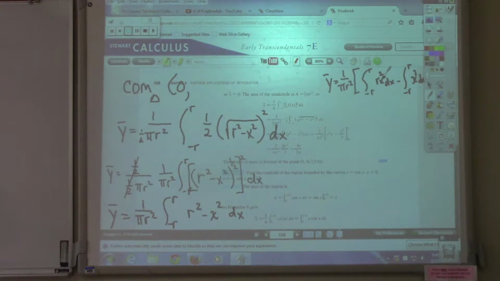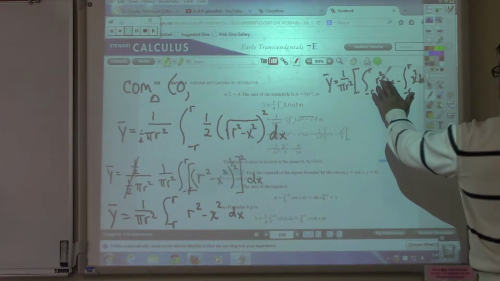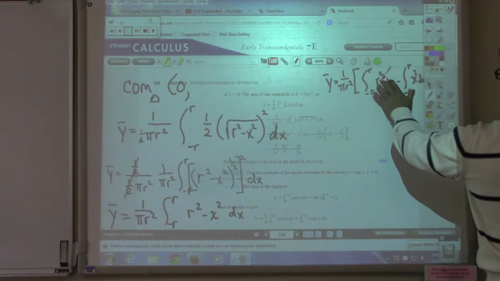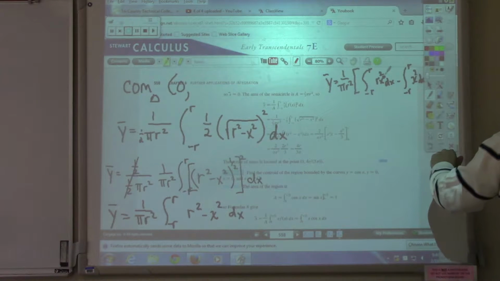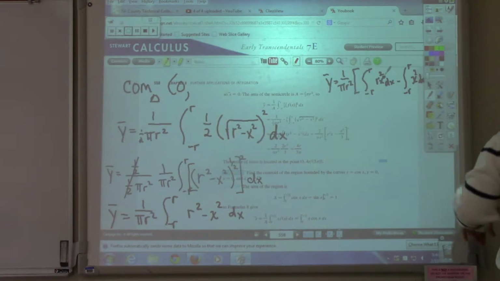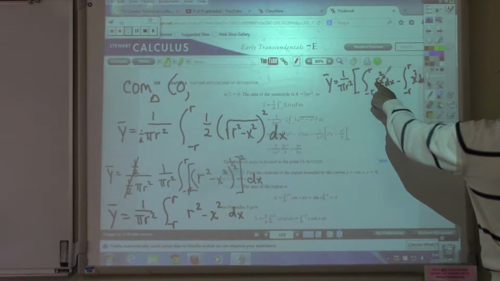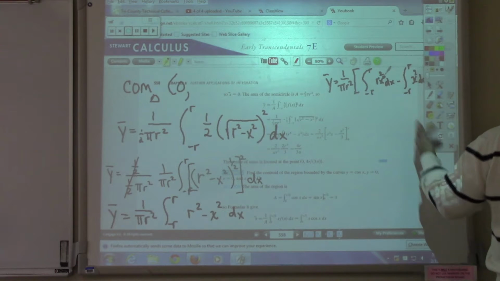So that's going to come out to be r squared x right here, right? But we're leaving something out. What's the problem? What's the problem there? Huh? dx. There's an r there. What do we got to do?